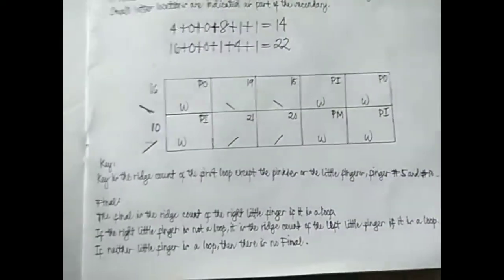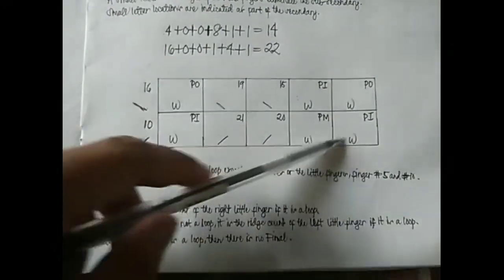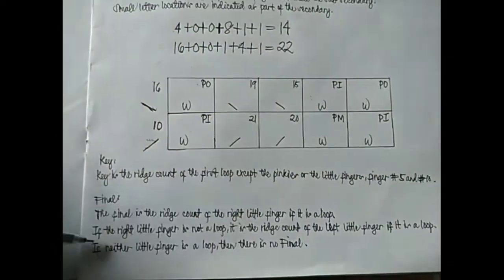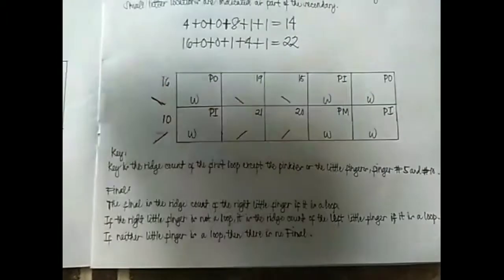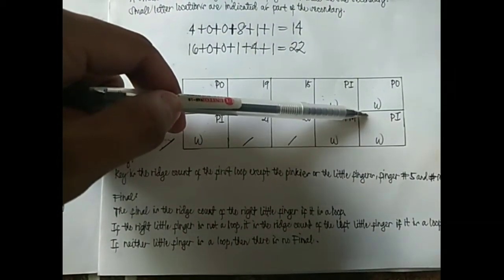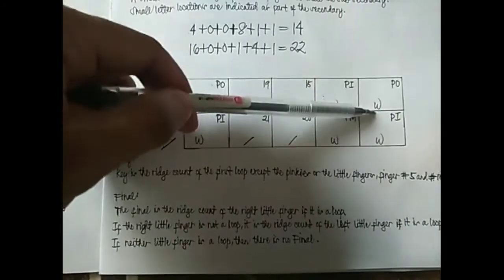So if the right little finger is not a loop, it is the ridge count of the left little finger if it is a loop. If neither little finger is a loop, then there is no final. So here in the example, neither of the little fingers is a loop, so there is no final.